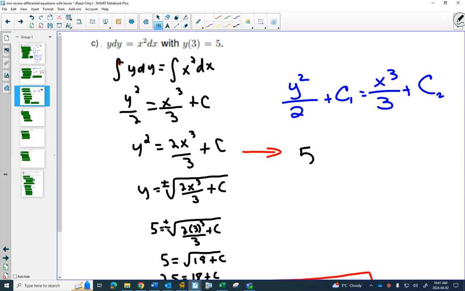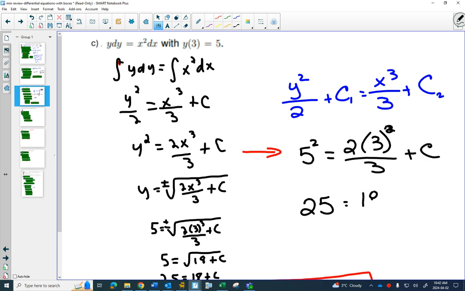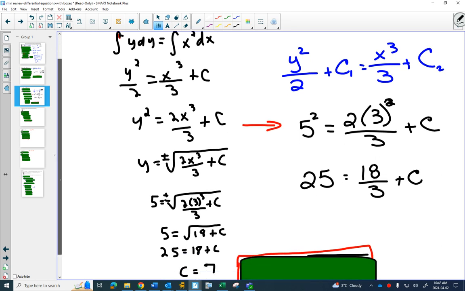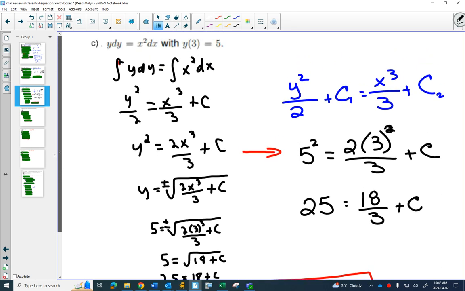I could have plugged in already 5 for y and 3 for x. Oh, it's cubed. I did miss that.